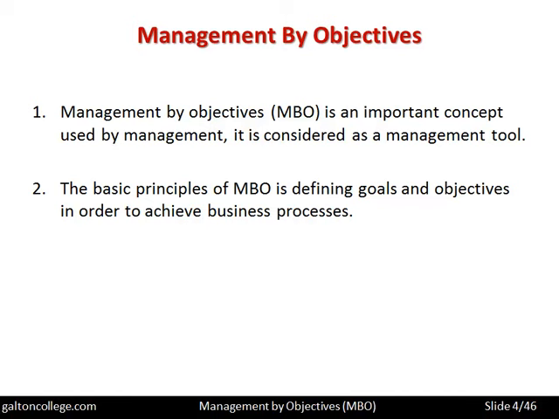So it's looking at the framework within which the business sets its goals, sets its objectives, and what it can do in terms of the business processes to achieve those goals and objectives.